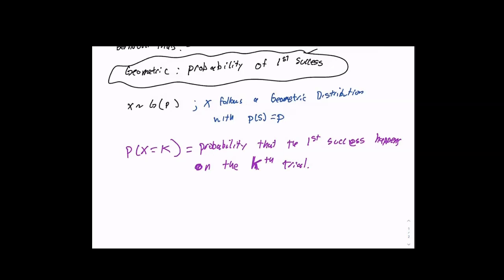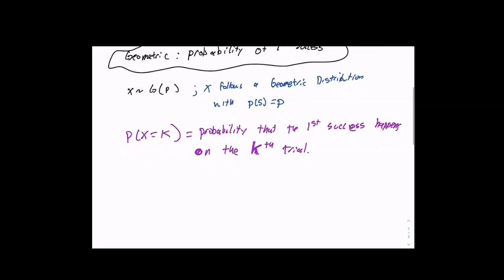I'm going to put in numbers right here. The probability that X equals K is equal to, well, that means the first ones are failures. How many failures would we have? Can anybody think about that?